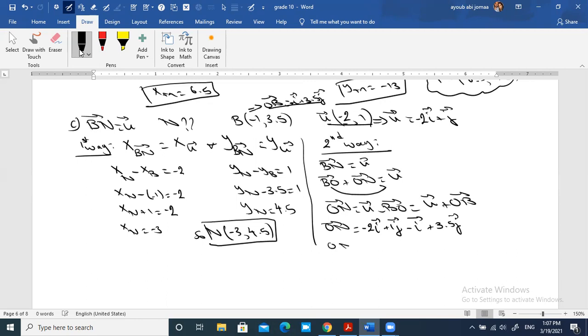So ON equals negative 3i plus 4.5j, since 1j plus 3.5j is 4.5j. So what are the coordinates of point N? Negative 3 and positive 4.5. The same coordinates, of course.